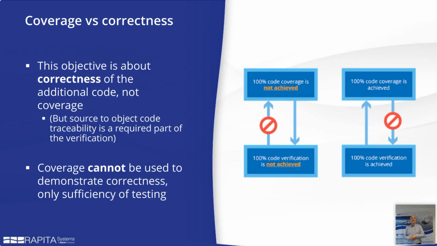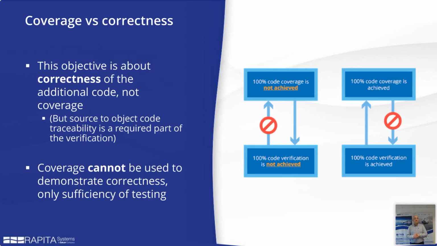Some people would like to claim that just by having, bottom left, 100% code, somebody would say that just the right top here, that 100% code coverage implies 100% code verification. And I think this is a weakness on some of the arguments for certification.